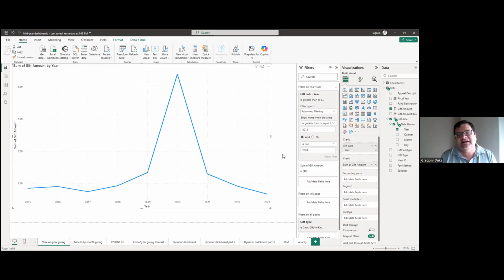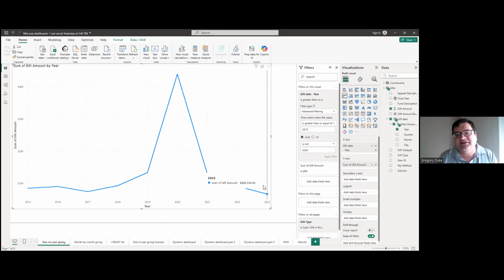As you can see, this institution had a very good year, unlike most of us, in 2020. They were in the middle of a campaign. So what we're seeing here, obviously, is that now that we're not in the campaign, we're going back down to the baseline.